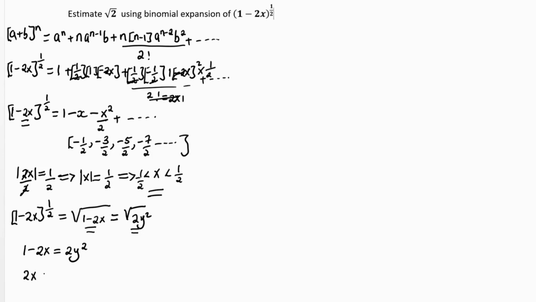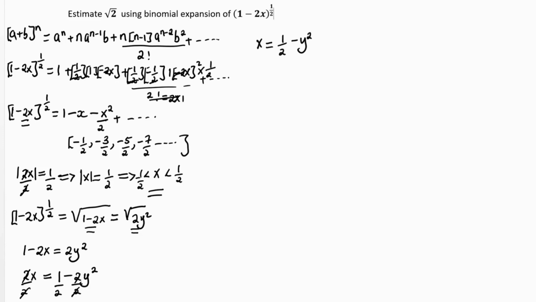Making 2x the subject of the formula, we're going to have 2x is equivalent to 1 minus 2y squared. We can divide by 2 on both sides. Cancel 2 and 2. So we remain with the value of x, which is x equals 1 over 2 minus y squared.